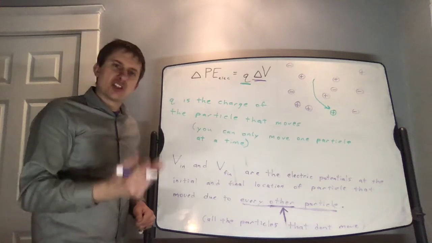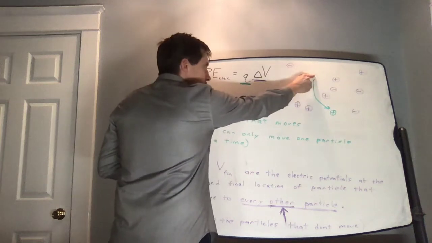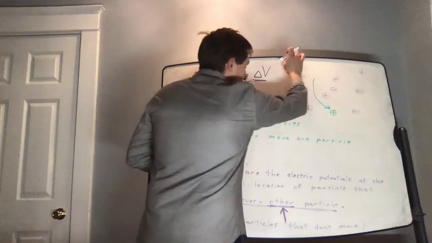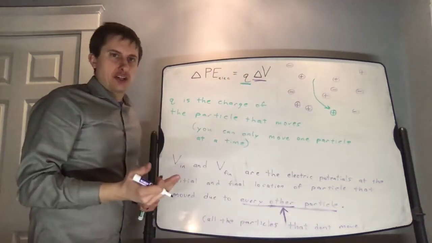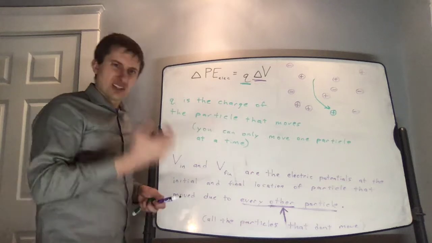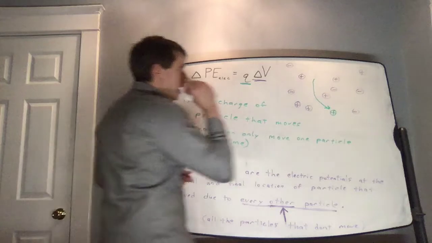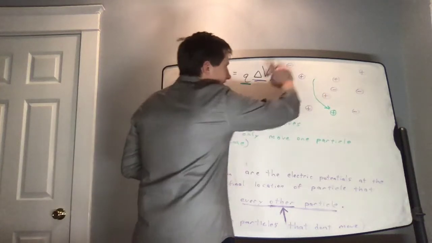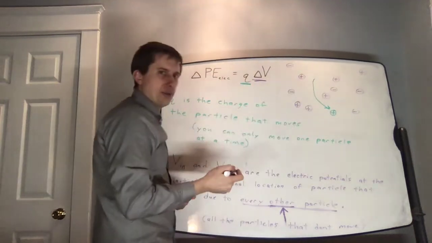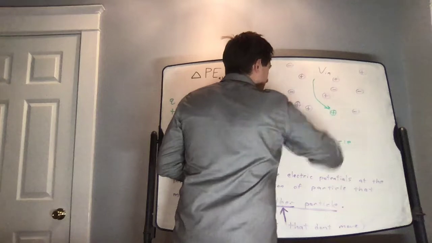So the way I'm going to think about this is the particle that moved initially was up here but is now down there. These 11 other particles that are stationary are all charged particles, so they all will contribute some amount to the electric potential at these two locations. The electric potential due to these 11 particles that do not move will have some value at the initial position. So I will say there is some amount V initial right here.